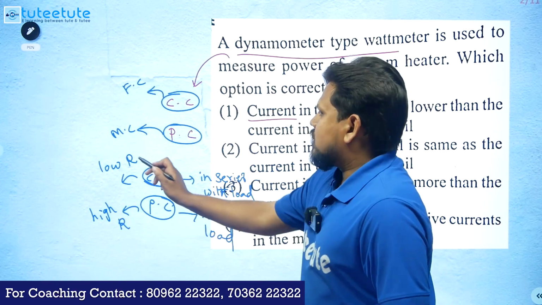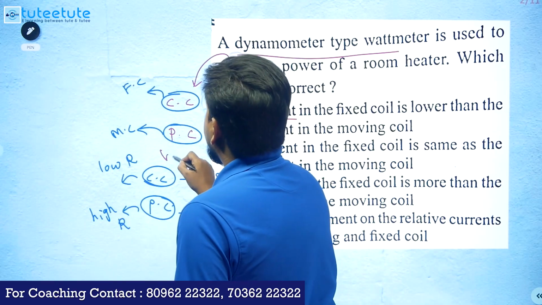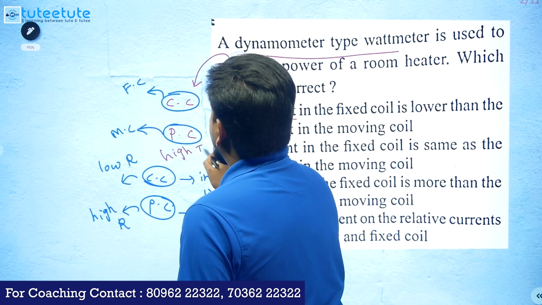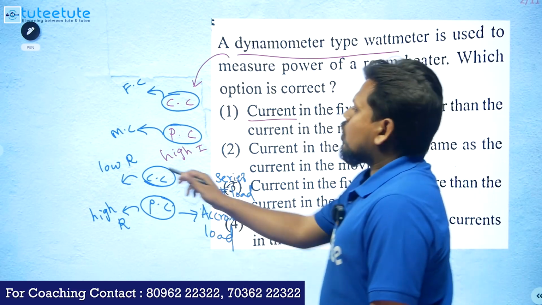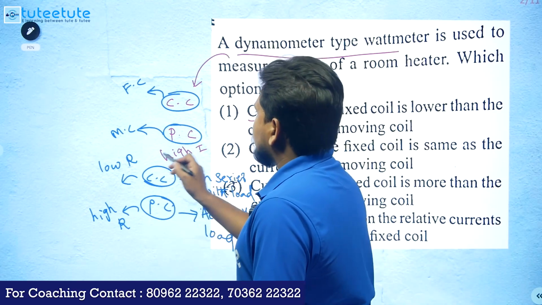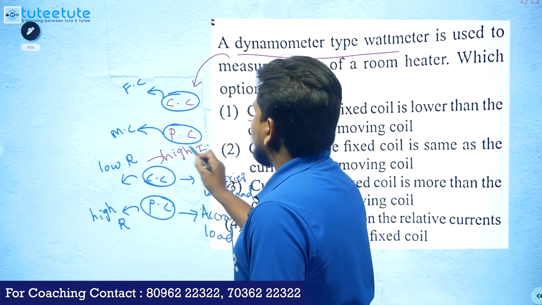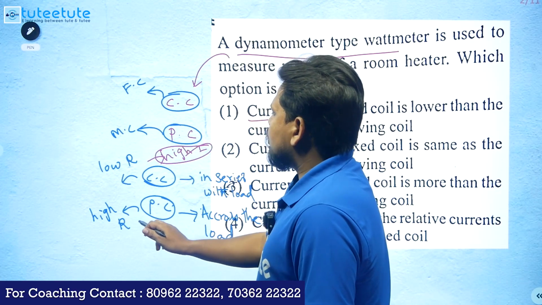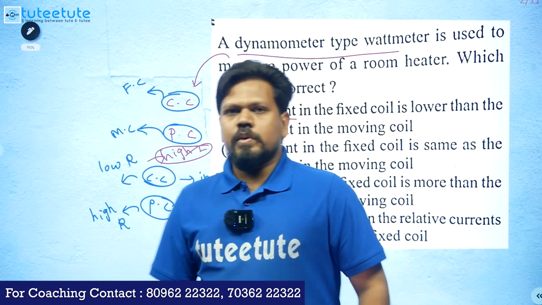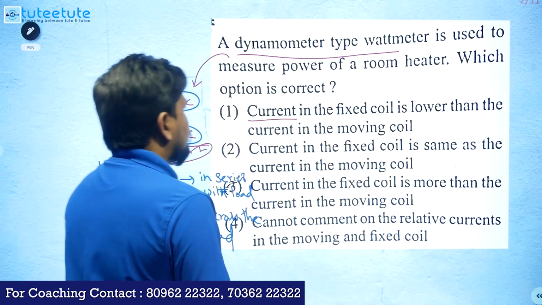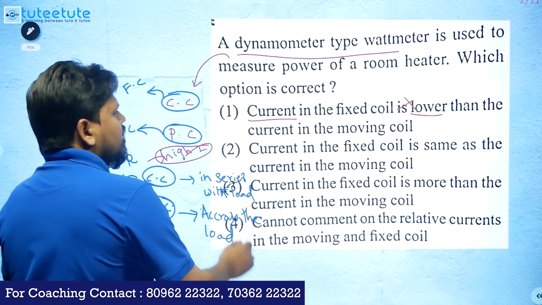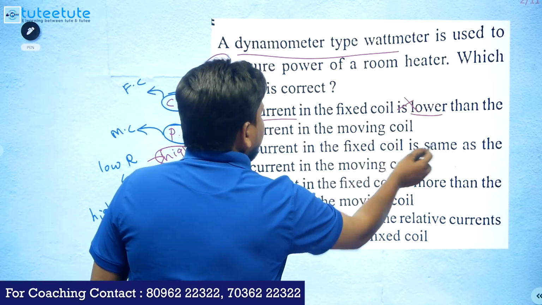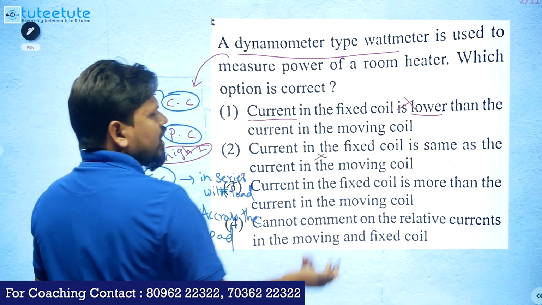Low resistance, so definitely high current. High resistance, low current. So these coils are designed like that. The current carrying capability of the current coil is higher compared to the potential coil. So that is what we need to see in our options. Current in the fixed coil is lower, wrong option. Current in the fixed coil is the same as the current in the moving coil, we cannot confirm this one.